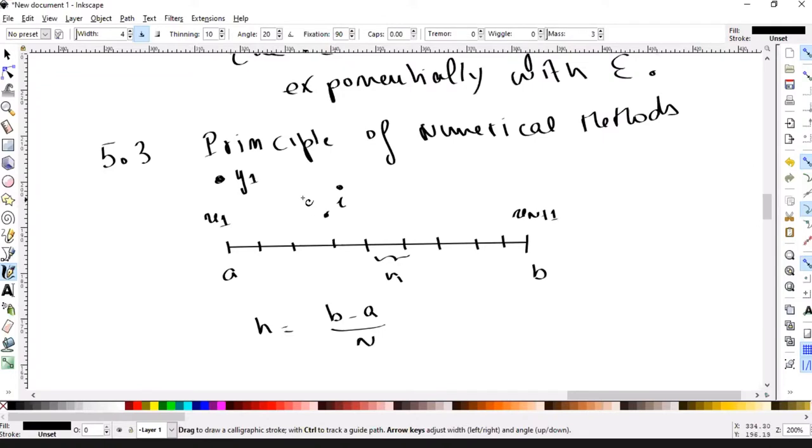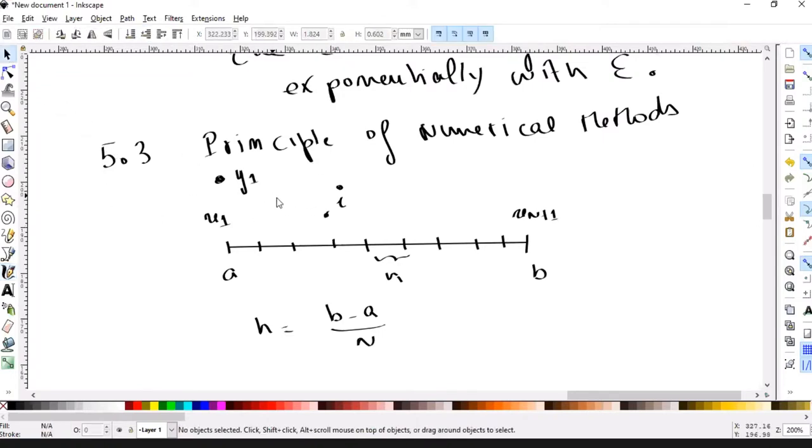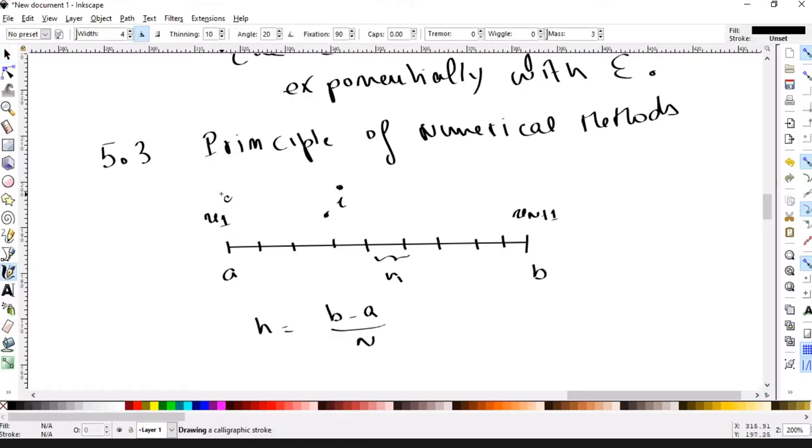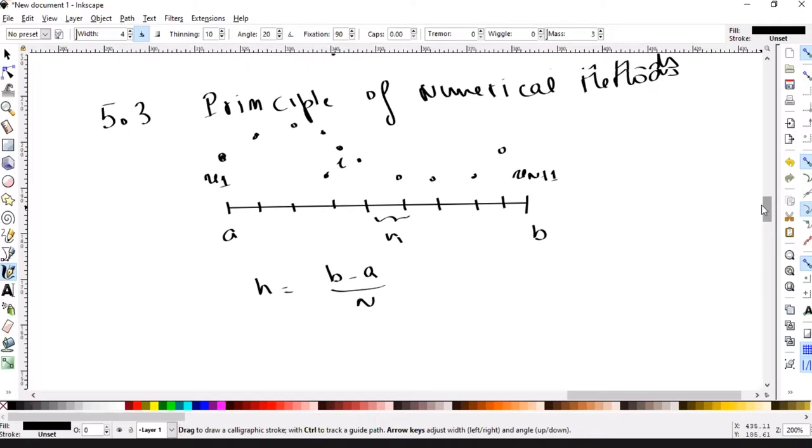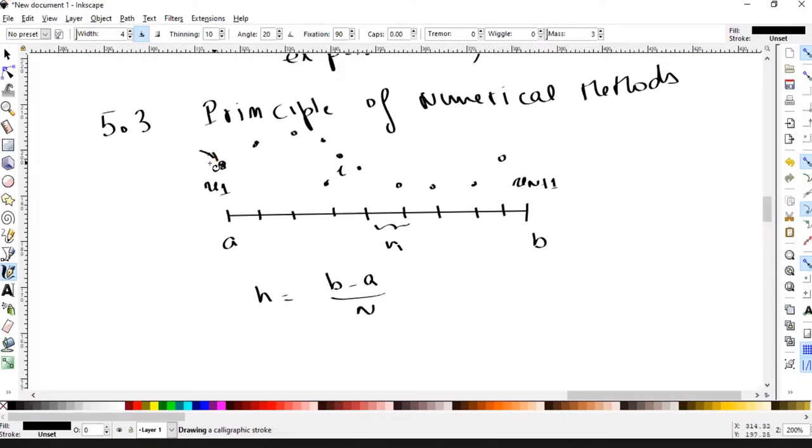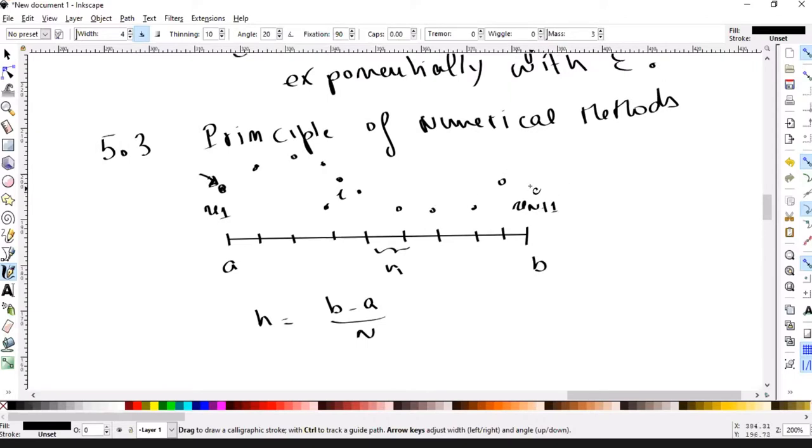So we will construct, for example, if we have this solution, this point, this point, this point, and we will get the total function, but starting from one point here. So this is for the Cauchy problem.